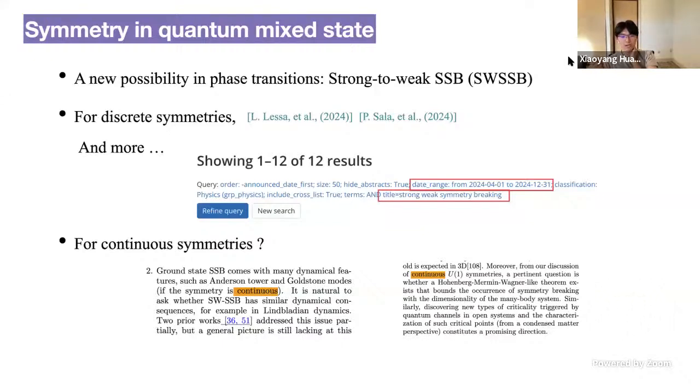But it seems to be a puzzling question: if you have a strong U(1) symmetry, do you get 2 superfluid phases or something else? In the later slides, I will try to convince you that it's not actually 2 Goldstone modes, but the Goldstone mode for strong-to-weak SSB is the so-called diffusion mode that happens in the hydrodynamic regime.